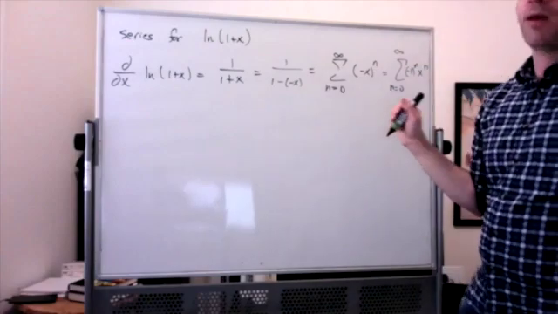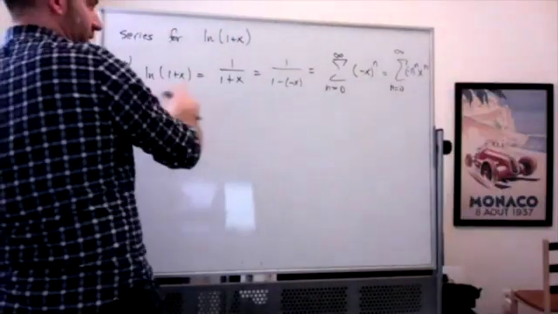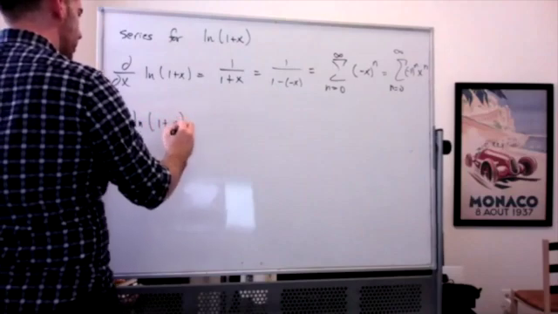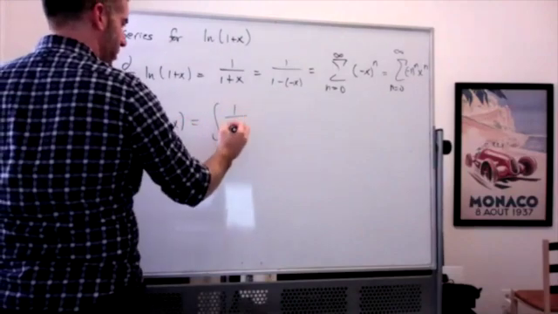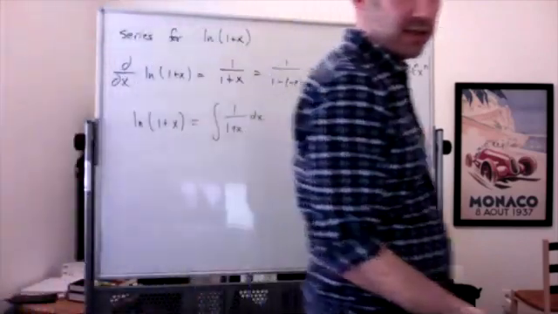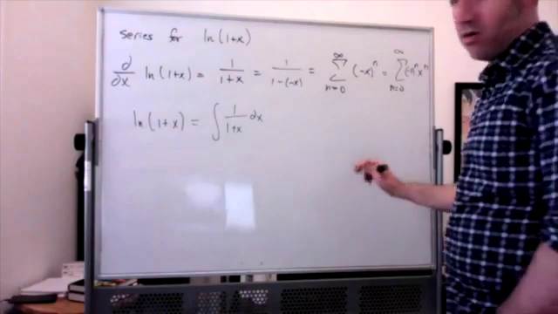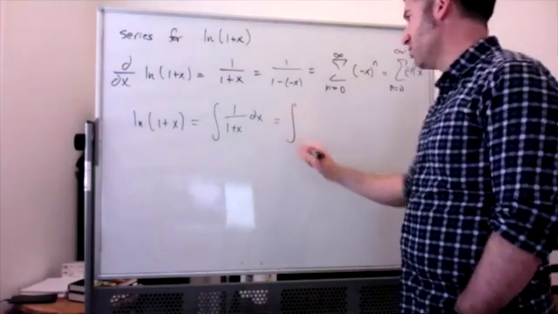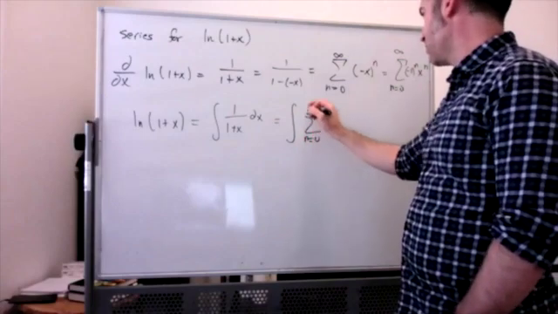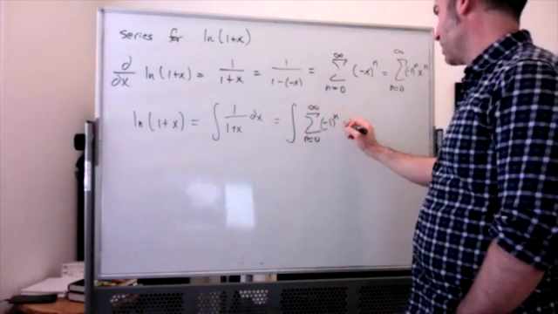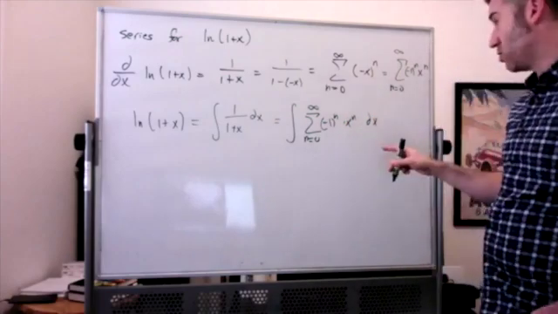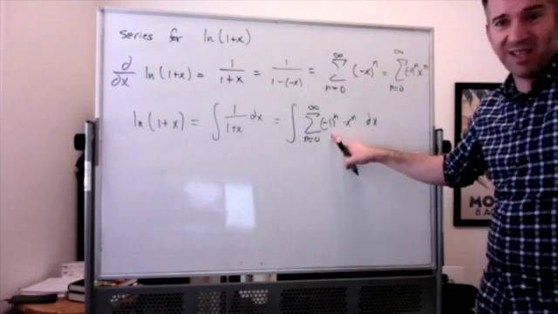Here's why. The derivative of the natural log of 1 plus x is equal to 1 over 1 plus x. So that means that the natural log of 1 plus x is equal to the integral of 1 over 1 plus x. But I'm going to write 1 over 1 plus x as this series. So I can write this as the integral of the sum from n equals 0 to infinity of negative 1 to the n times x to the n dx. Okay, so I'm going to integrate with respect to x. The negative 1 to the n doesn't matter, right?